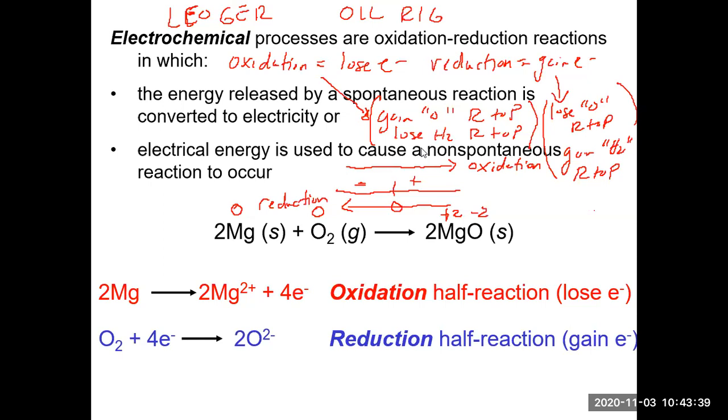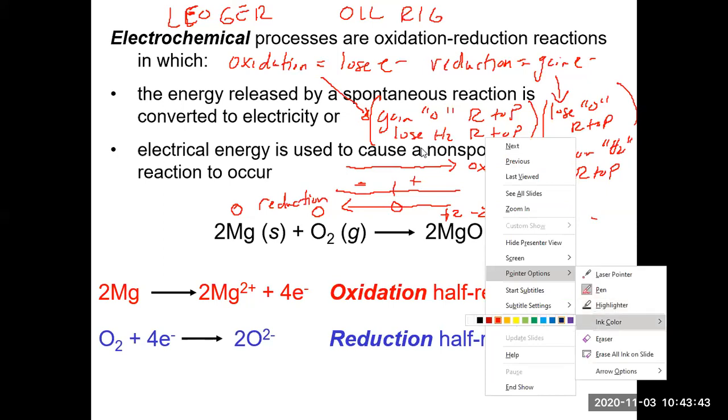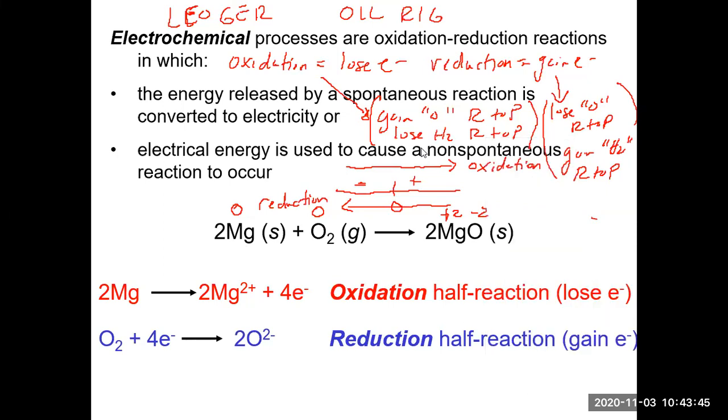So how the number line works to decide if something is being oxidized or reduced: we could look at something like magnesium. It started at 0 and ended at +2, which means it is moving in this direction. That tells us that the magnesium here is going through oxidation.